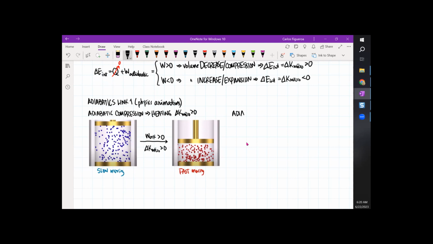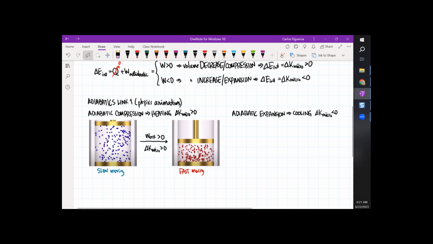Now, on the other hand, I have adiabatic expansion. And the expansion is caused by the collisions with the gas particles. So therefore, this causes cooling. And the reason why it's cooling is that now the change in K micro is less than 0.